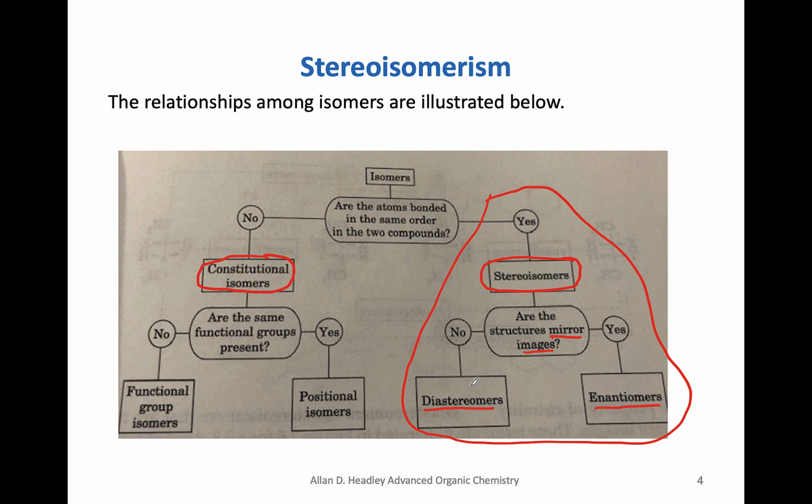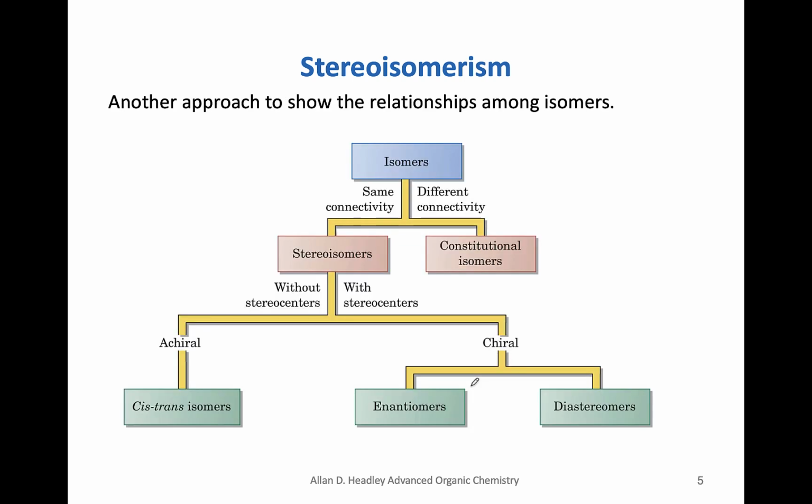But let's look at another representation just to illustrate this some more. So we have isomers. If the connectivities are different, we have constitutional isomers, as we said last slide, or structural isomers. But over here, if the connectivities are the same, so the bond to bond to bond connections are the same, then we have stereoisomers.